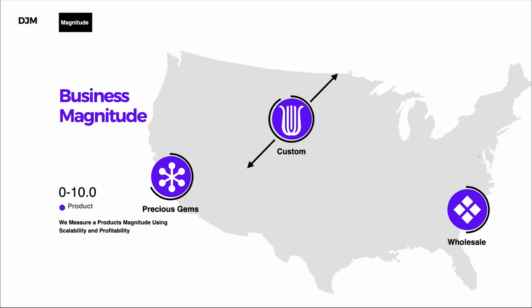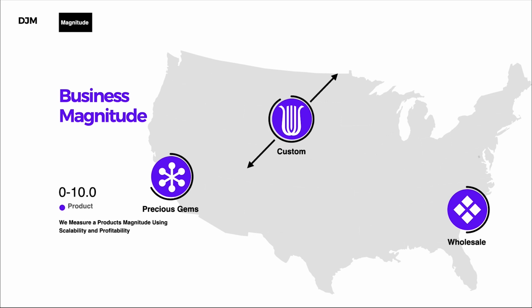Those two words are going to come up a lot in this module, so we're going to go over exactly what they mean, scalability and profitability. But when we talk about magnitude, we talk about size and extent, and the corollary there is size is the same as profitability, and extent is the same as scalability.